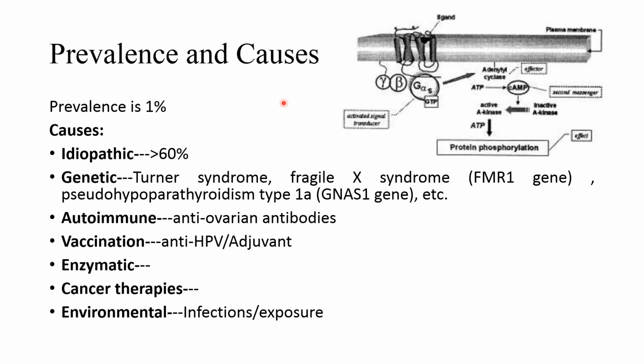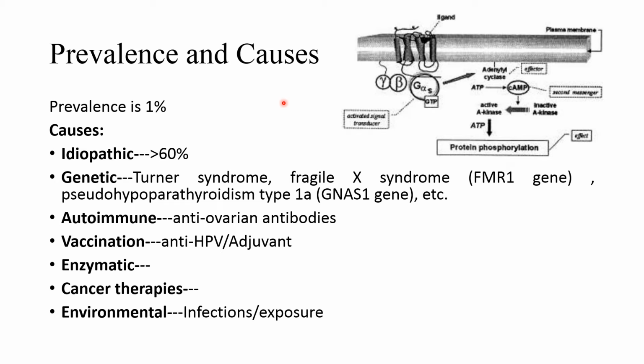So we cannot make a diagnosis on the basis of presence or absence of anti-ovarian antibodies in blood. Still the causes are unknown for 60% of the cases, and in the other 40%, genetic mutations were found, autoimmune diseases were found, vaccination was also a factor, enzymatic and cancer therapies or environmental causes are there.